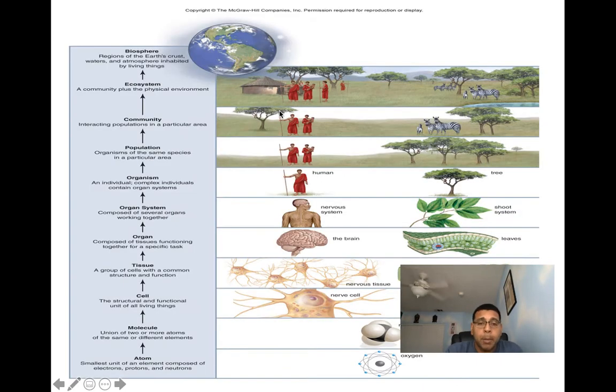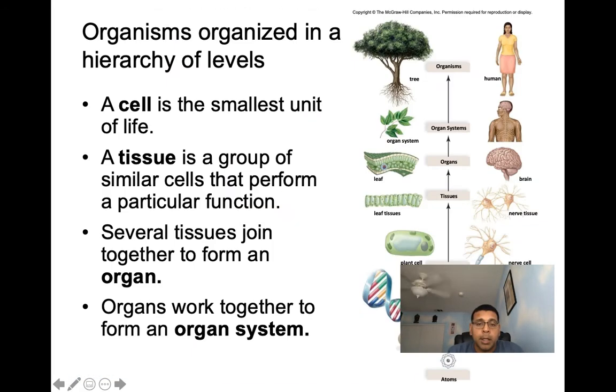For example, here you can see nerve cells in humans and plant cells in trees. So an example, a human nerve cell that we see here, is responsible for conducting electrical impulses to other nerve cells, and it helps to make up the nervous system.